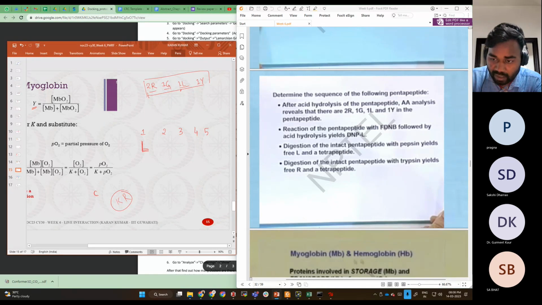right hand side, because trypsin digests at the C terminal of a peptide which is having R, or what? C terminal of, where does it digest? C terminal of tryptophan, tyrosine, tryptophan, and phenylalanine, right?